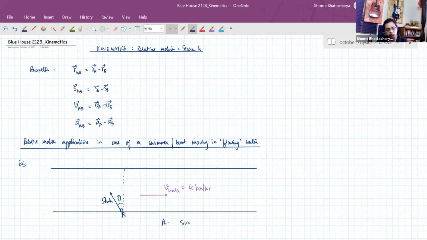So a swimmer moving at 5 kilometers per hour with respect to still water. It starts from the point P.